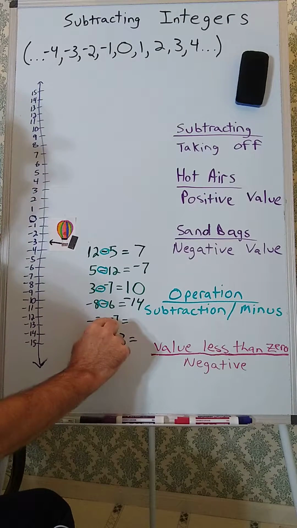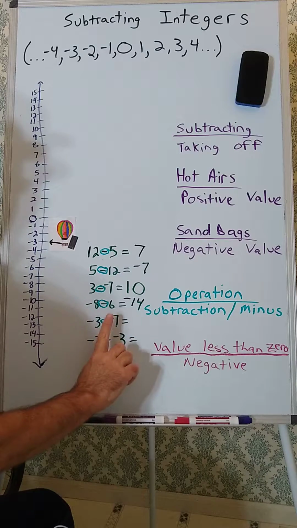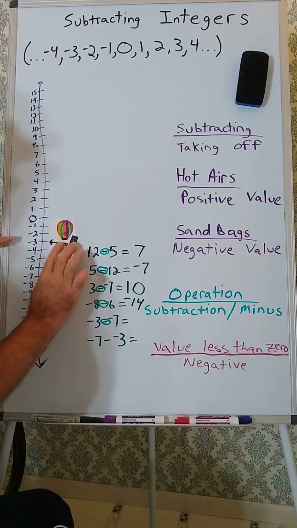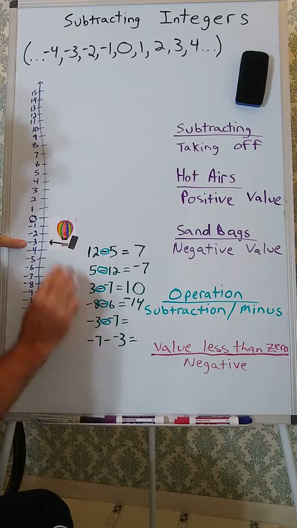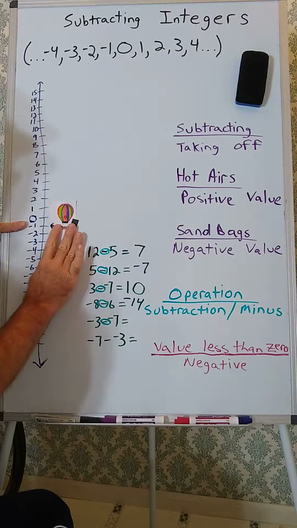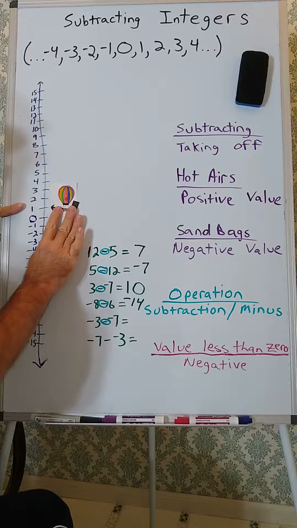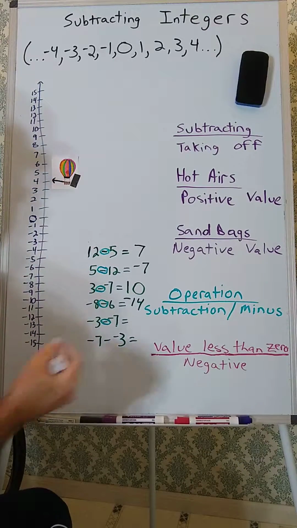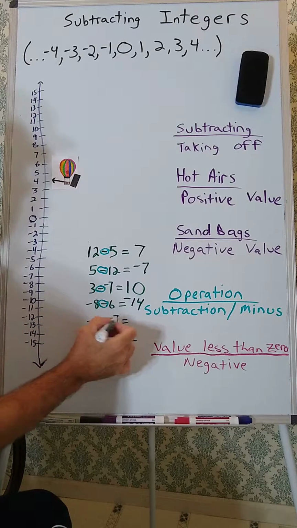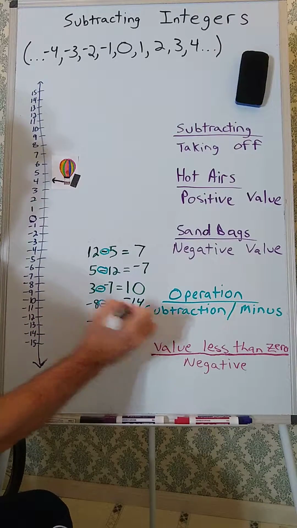We're taking off sandbags, 7 of them. So the balloon's going to go up 7, and it's going to go past 0, so it's going to be positive when we're done. 1, 2, 3, 4, 5, 6, 7. So negative 3 minus negative 7 is 4.